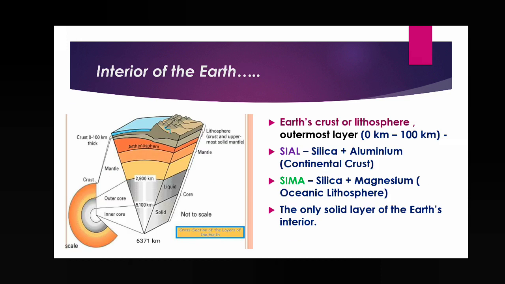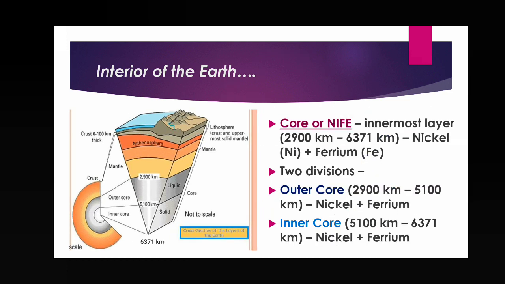And next we also discussed the interior of the earth. There are mainly 3 layers present: earth crust or lithosphere, then mantle, then core. Again lithosphere is divided into 2 divisions, mantle into 2 divisions, and core is also divided into 2 divisions. Like that we have already discussed.